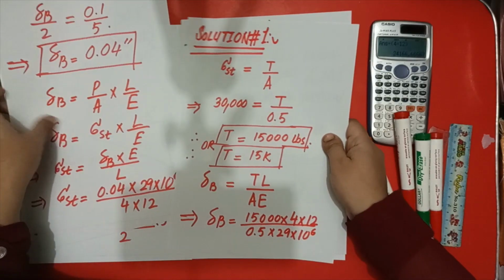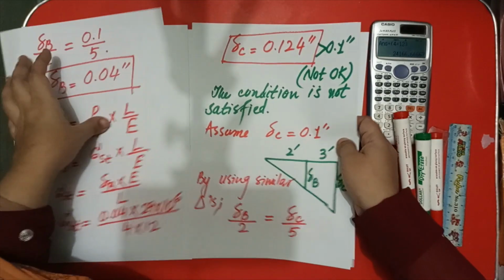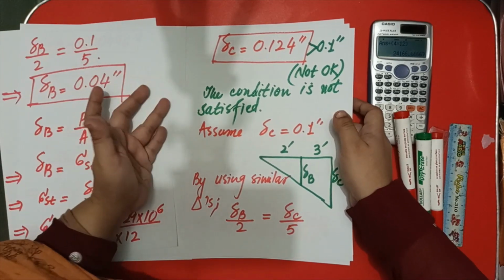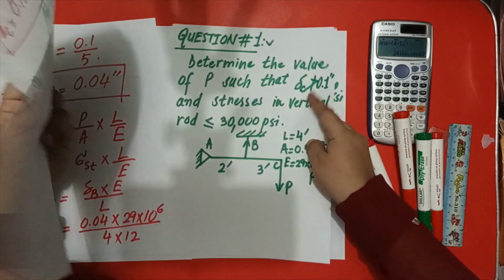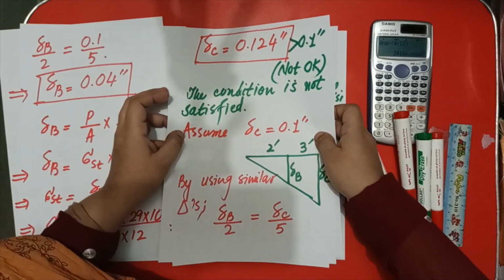So let me show you where it is exceeded. When it exceeds, the condition is not satisfied. So I took another condition, that delta C is equal to 0.1 inches. I assume it.